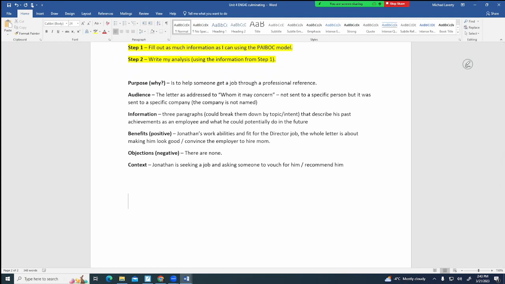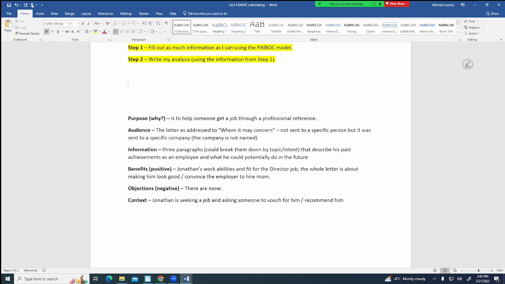And then for the analysis itself, you could say something like, this is a letter of recommendation written by, dot dot dot, for the purpose of, dot dot dot, and then you go on from there and break down the article itself, and that's your analysis of it.